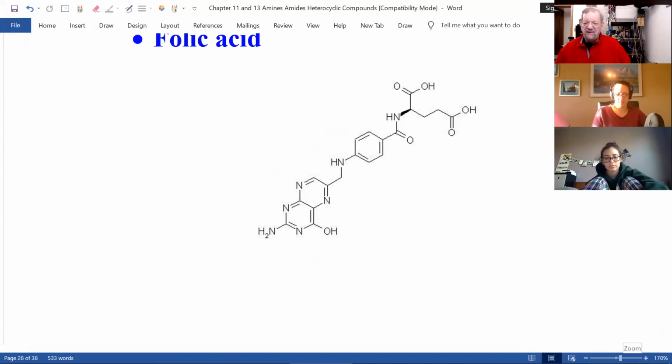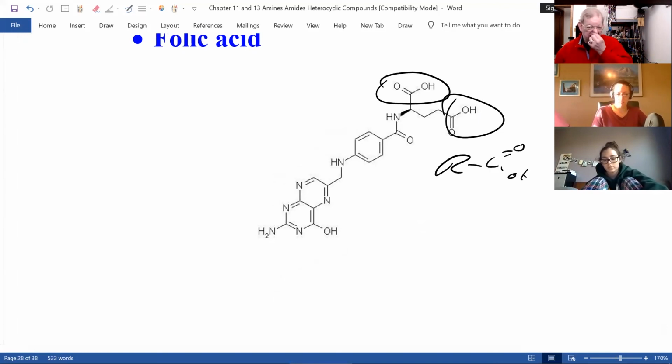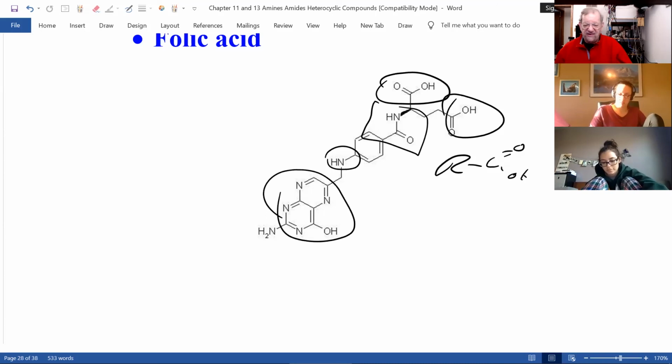Well, if you look up here, and these are things you know, you got 2 carboxylic acids. You have an amide here, you have an amine here, and you have a heterocyclic compound there. How Mother Nature made that, I have no idea, but it is an amazing molecule.